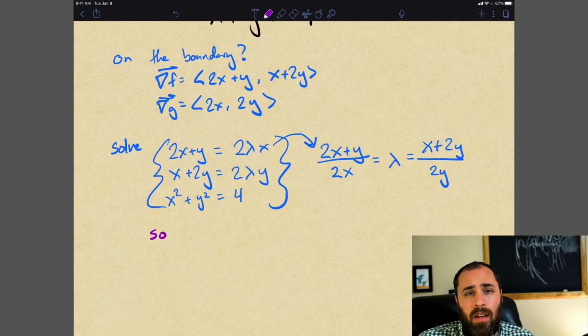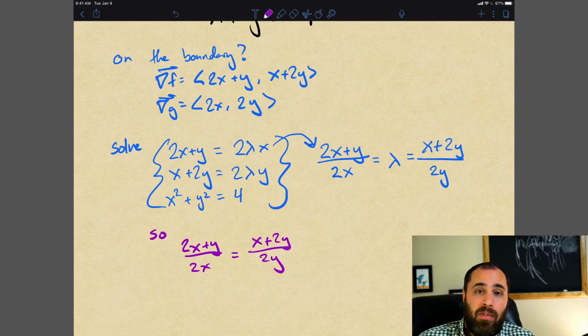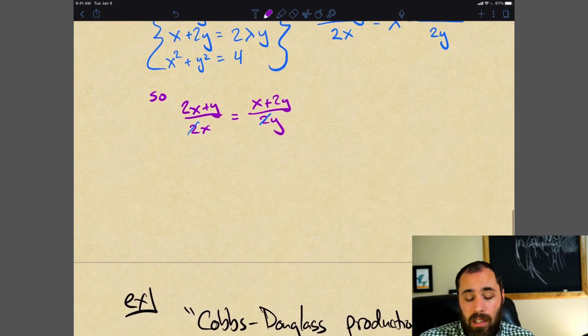So why is this a helpful thing to do? Like I mentioned, we don't really care about the value of lambda, but if the thing on the left is equal to lambda and the thing on the right is equal to lambda, then those are equal to each other. And that gives us an equation relating x and y. We can cancel the 2's in the denominator.